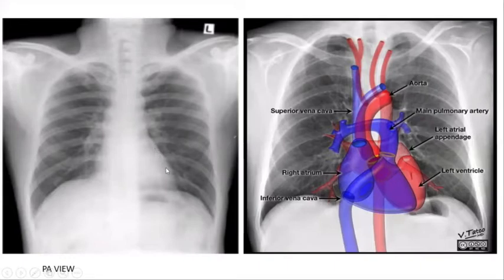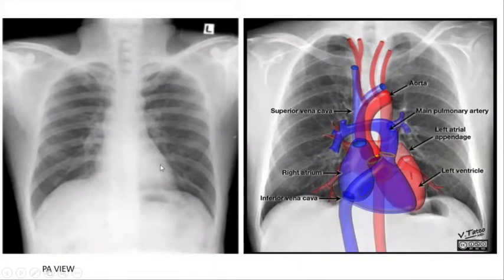This is the border formed by the left ventricle, and the left atrium is only partially visible here, and it is posterior to the other chambers. So the left atrium is only visible when there is enlargement of the left atrium, and we'll be discussing that later.